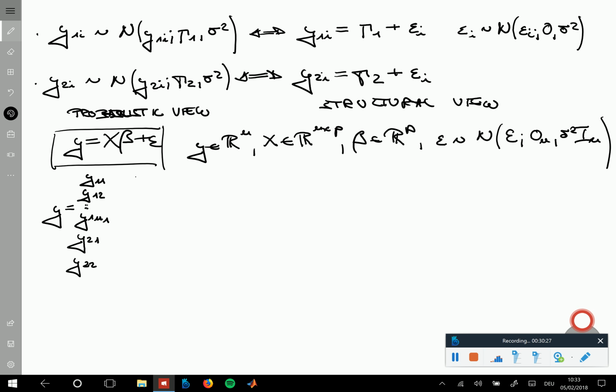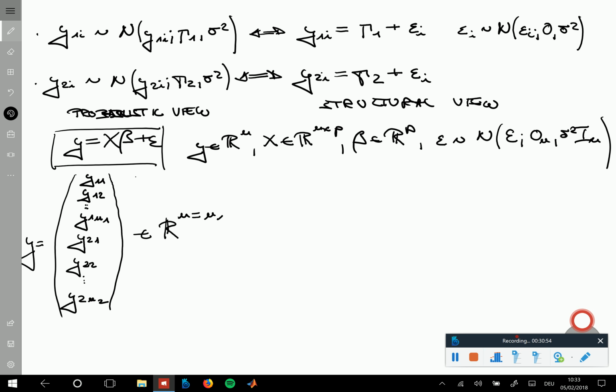And then we stack all the second group data points below that. So we have a vector of random variables reflecting our data points, and this is n-dimensional, where n in our case here is of course n1 plus n2.